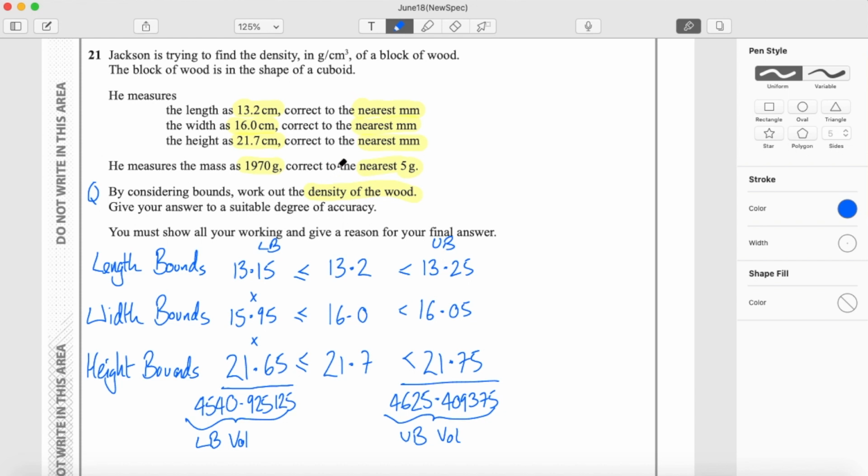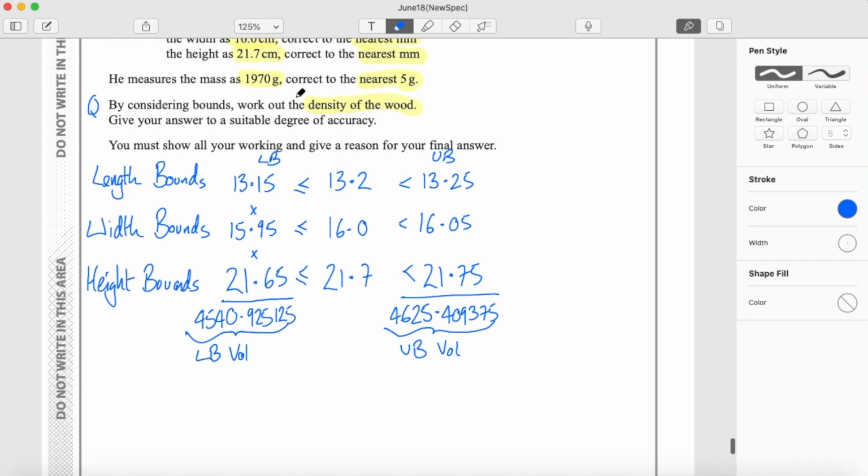We can do the same for our mass now. So we have a mass of 1970, and this is correct to the nearest 5 grams. This one might give you a bit more to think about with what would be the upper bound and the lower bound, so I'll give you a minute to pause and have a think about this, and then I'll go through it. Okay, so 1970 to the nearest 5 grams.